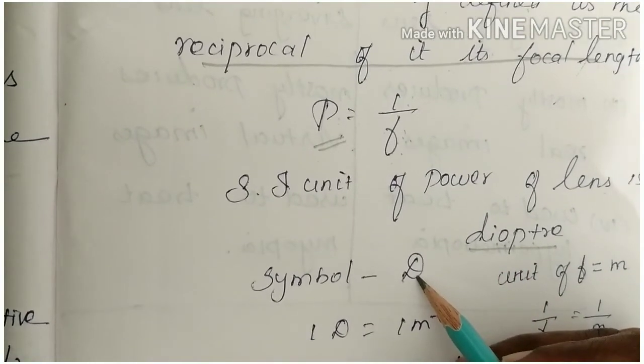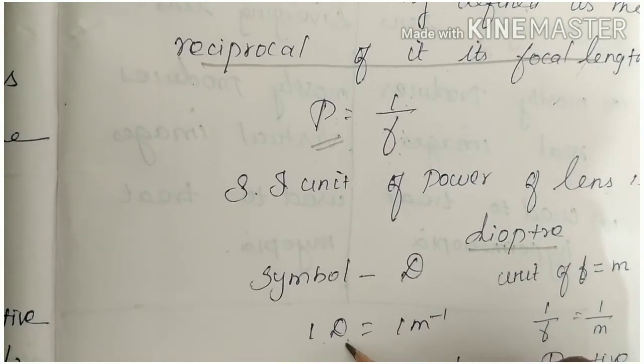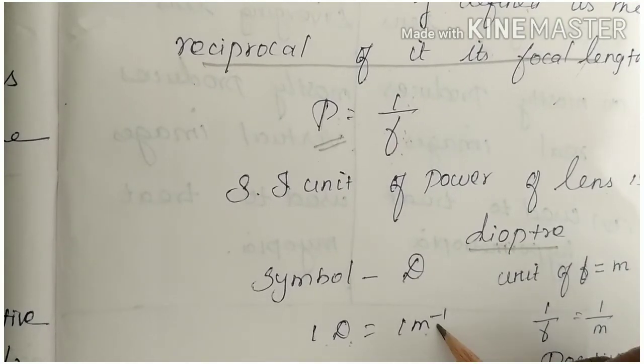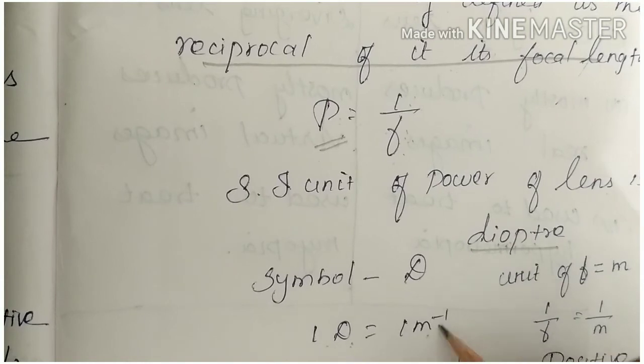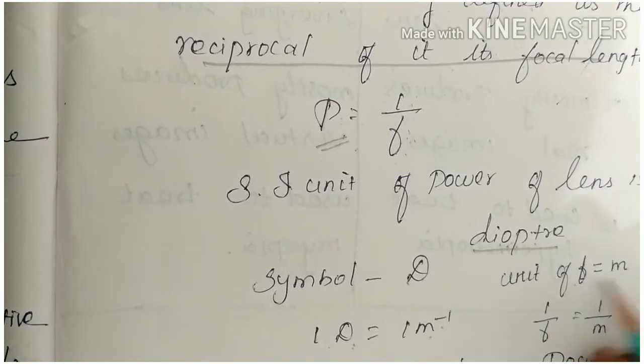Now we can define what 1 diopter is. 1 diopter is equal to 1 meter power minus 1. How did this meter power minus 1 come? We all know the unit of focal length is meter.